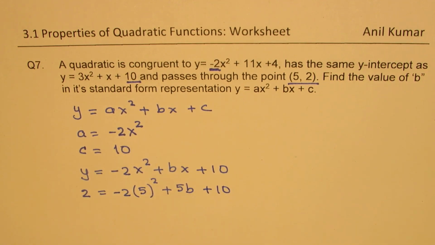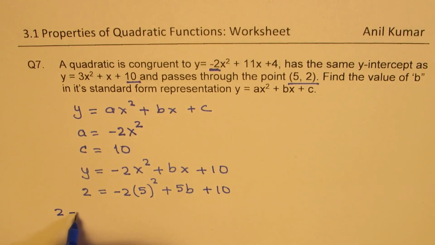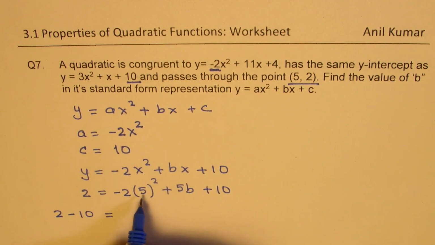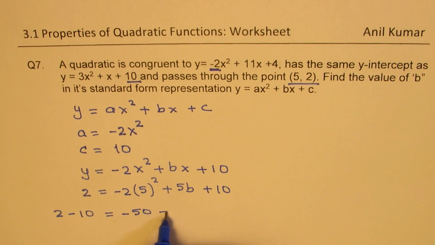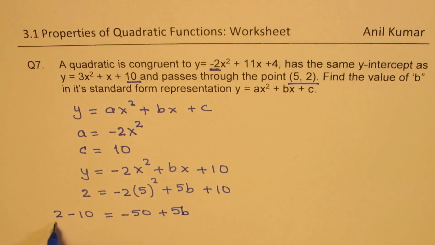Now b is the only unknown. We can really find this answer. Bringing 10 to the left side, we get 2 minus 10 equals minus 2 times 5 squared, which is 25 times 2 is 50, plus 5b. So this is minus 8, and we'll add 50 to this. So 50 minus 8 is equal to 5b. Now let's solve it on the right side of this page.